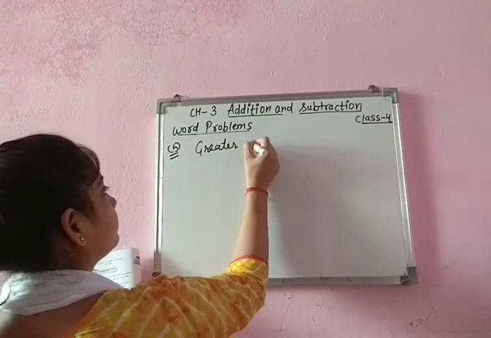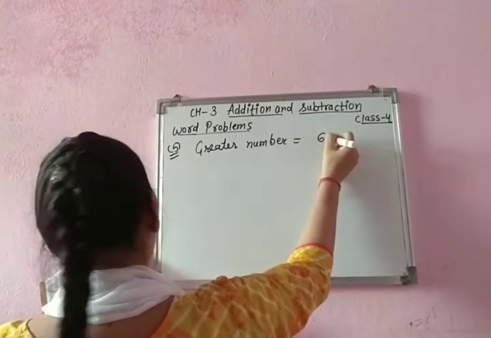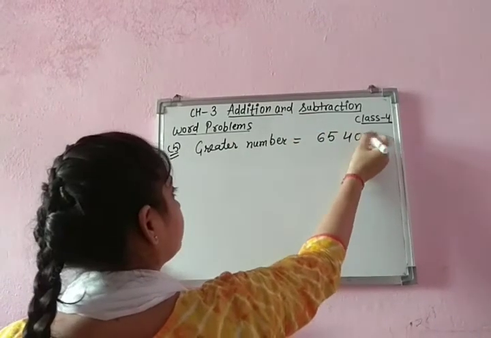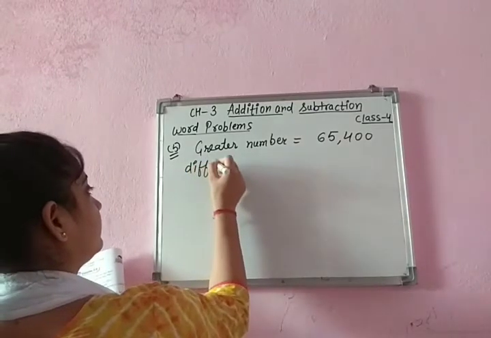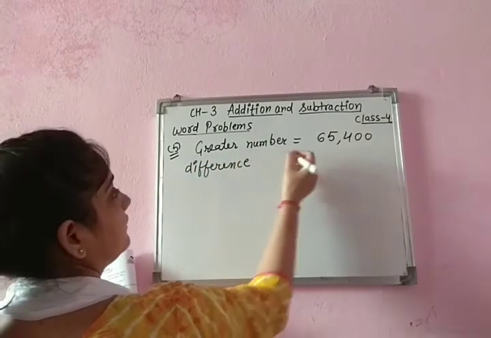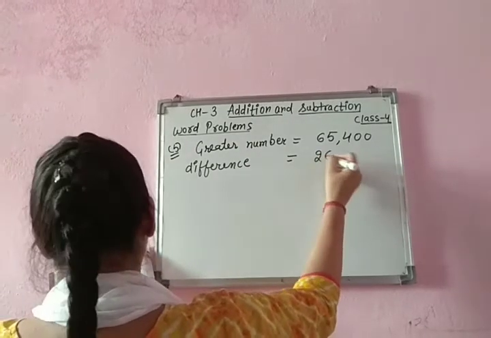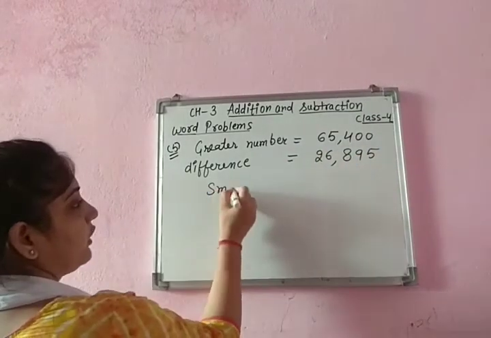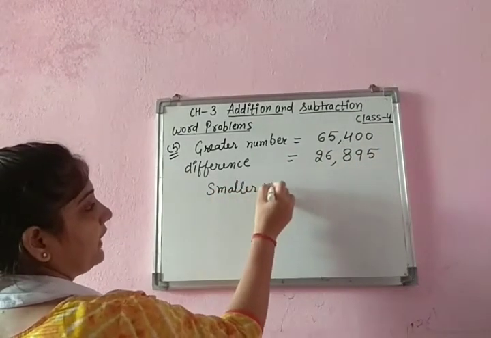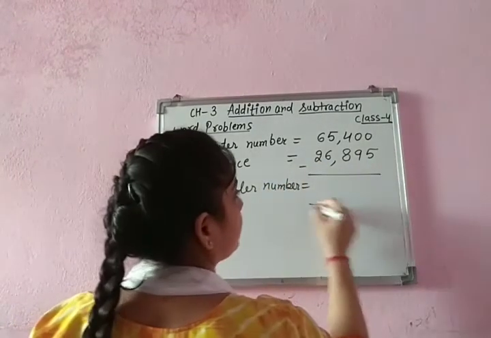Greater number is 65,400 and difference of two numbers, it is given 26,895. Now we want to find the smaller. Remember, to find the smaller we have to subtract.